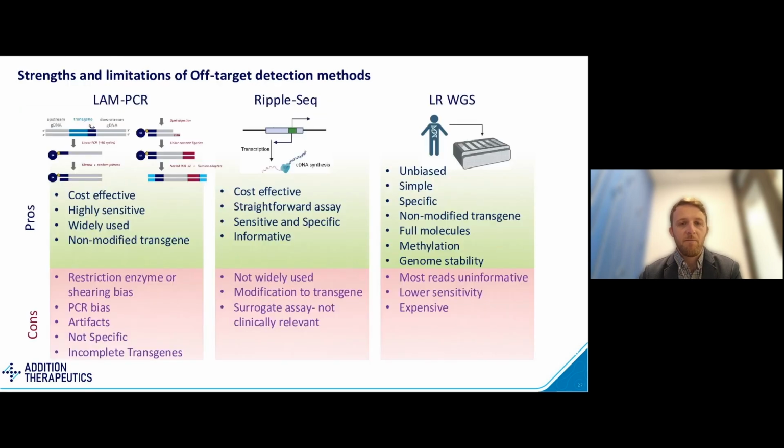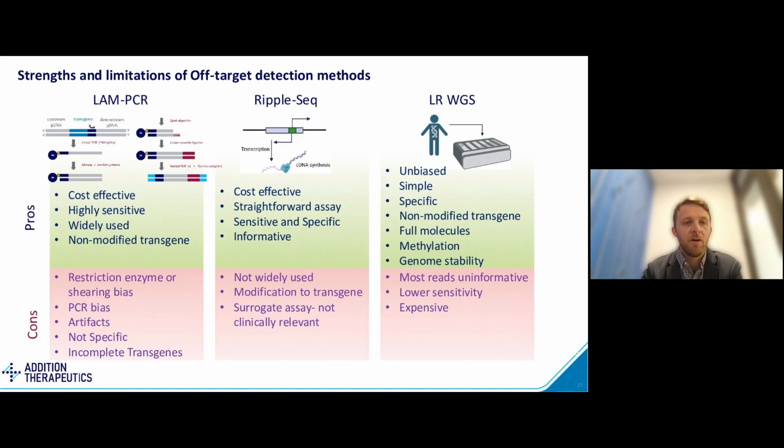And so when we want to assay whether this transgene is ending up where we want it to be, there are several methods that we can choose from and we considered when we started this. LAM-PCR is a cost-effective, sensitive method that's widely used, and it also benefits in that you don't need to modify your transgene at all to use it. However, it comes with a lot of bias, both in the preparation of the material through restriction enzyme or shearing bias, as well as in the preparation of the library.